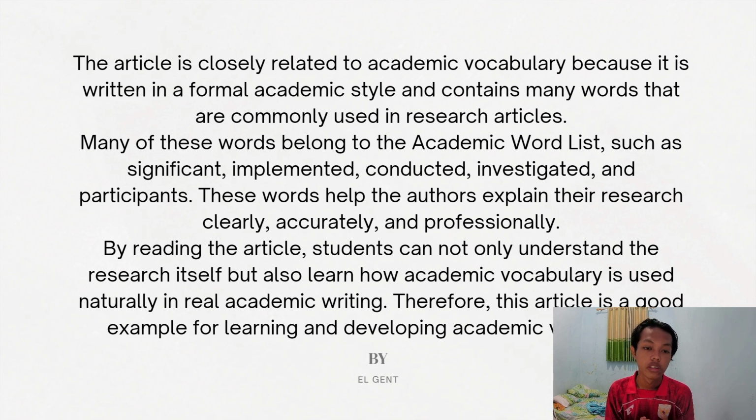Many of these words belong to the academic word list, such as significant, implemented, conducted, investigate, and participants. These words help the authors explain their research clearly, accurately, and professionally.